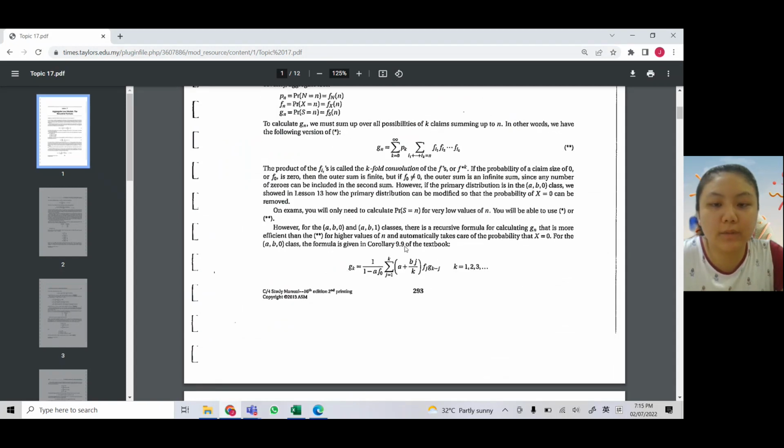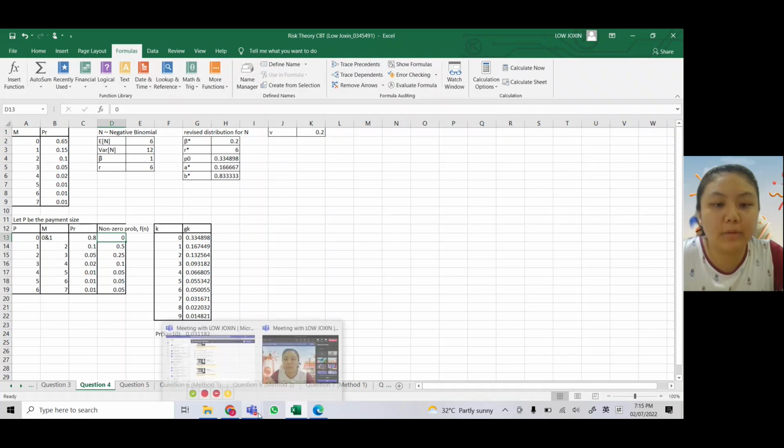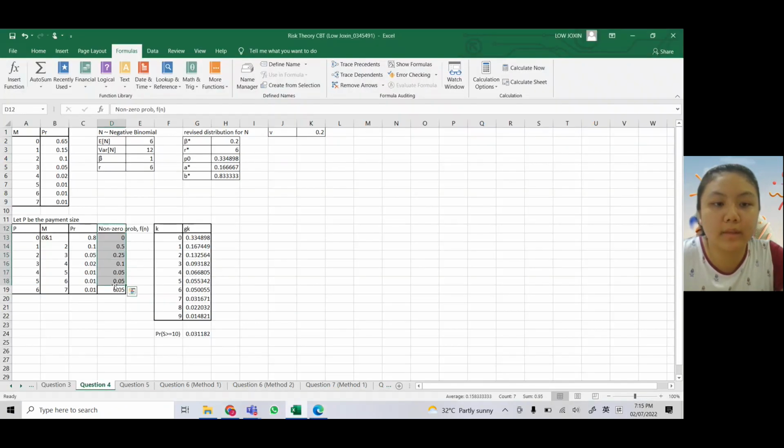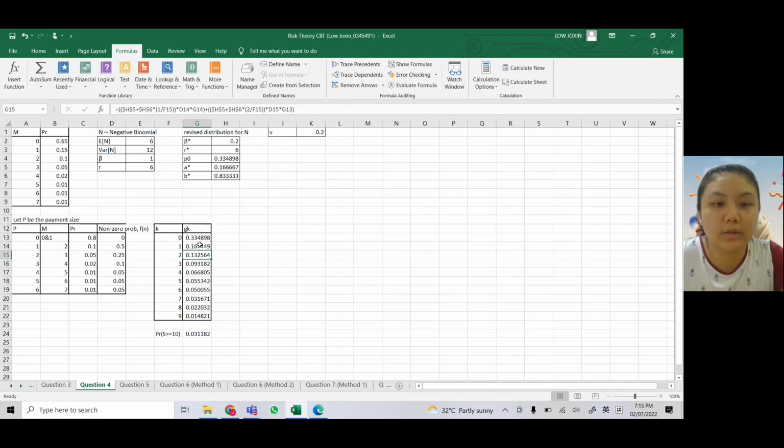According to this formula, we apply F0, which equals 0. Then we put in the values A and B that we found, with the sum from j equals 1 up to k, and Fj follows this column. And for G(k minus j), we just use whatever we calculated before.